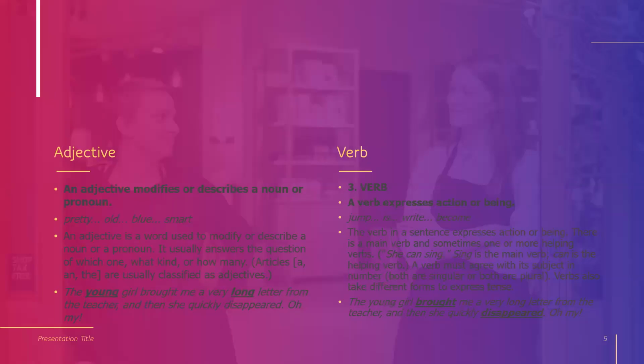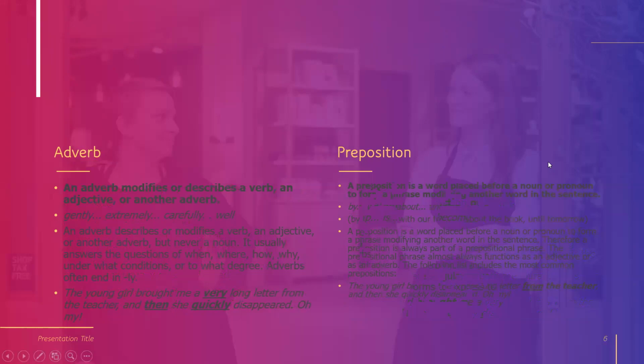So let's get back to the main point. We have discussed adjective and verb. Now, what are adverbs? You can easily identify adverbs when there is an ly with the word, like gently, extremely, carefully. All these are adverbs.